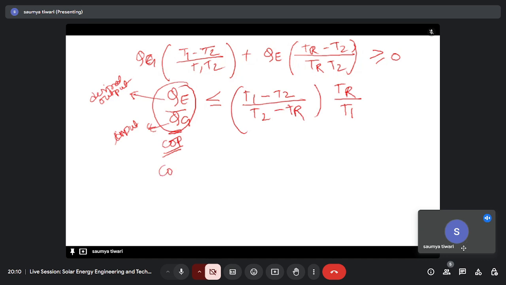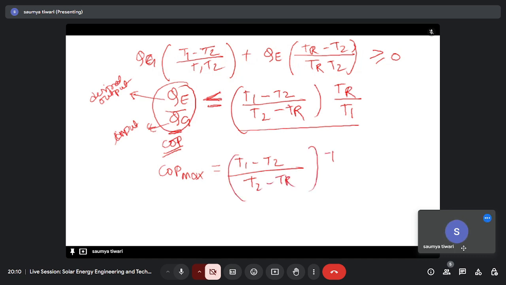If you want to talk about the maximum COP, this COP will always be less than or equal to this value. The maximum COP will be equal to this particular value, (T1 minus T2) upon (T2 minus TR) into TR upon T1.